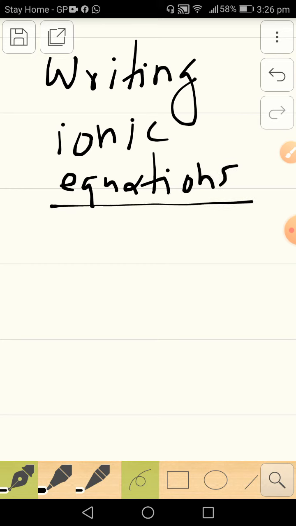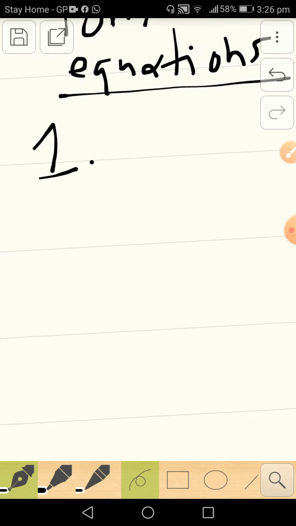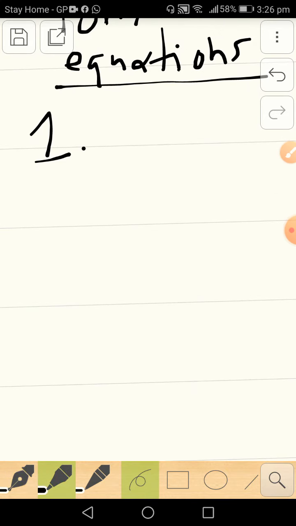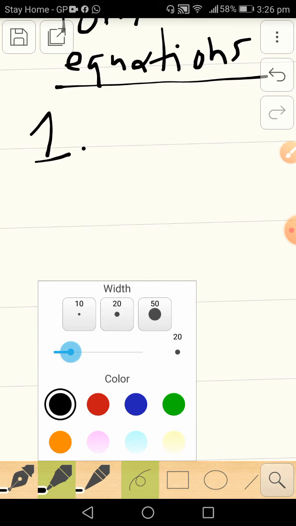You should remember that the reaction of a metal with acid is a redox reaction rather than a neutralization reaction. So first let's write a redox reaction for a metal whose valency is X.